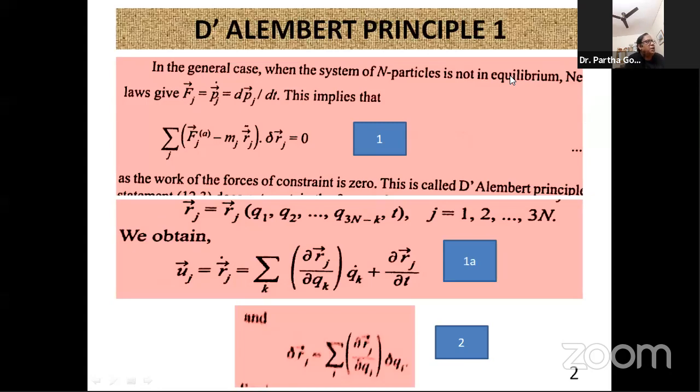And of course, here the forces of constraint have been assumed to be perpendicular to displacement, so they do no work. So this equation 1, which I have written down, is simply a different form of writing Newton's second law with virtual displacement thrown in, and this is called the D'Alembert principle.